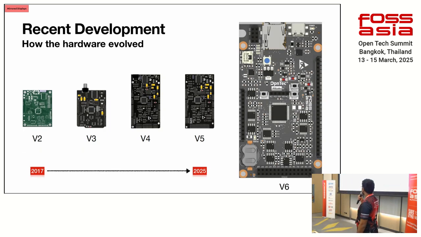We started working on the hardware project in early 2017, and we had this very small board. The special thing about this board is that it had components on both sides, and there were no considerations about mass production.